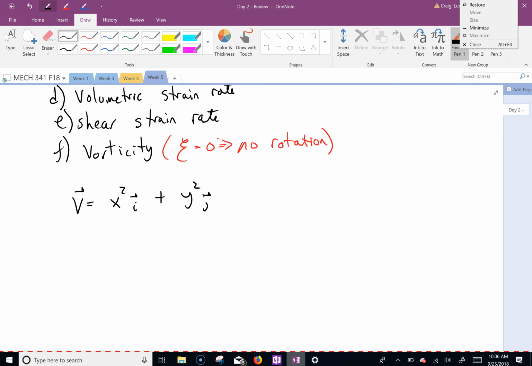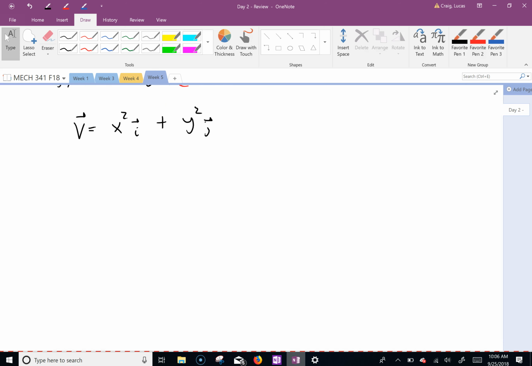And first it wanted me to find the stagnation point. Do you remember how to do that?